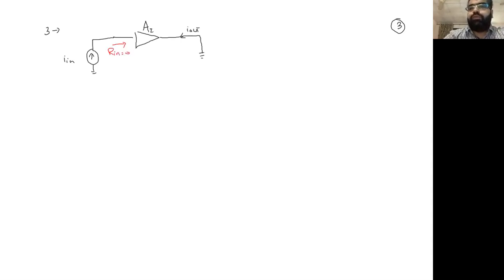What about the output side now? What should the output impedance be? Now the opposite scenario: we want all the current ultimately to flow from this point, and no current should go at this point. So this is, let's say, a current amplifier, CA.